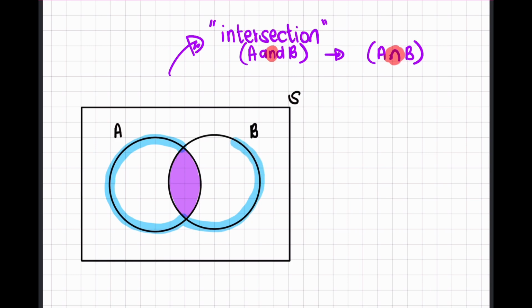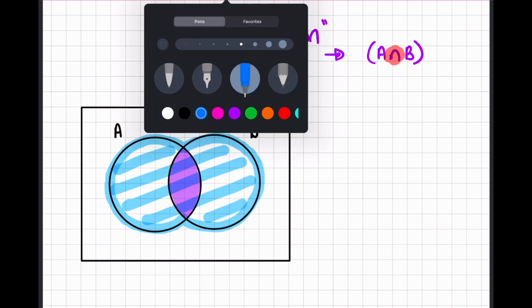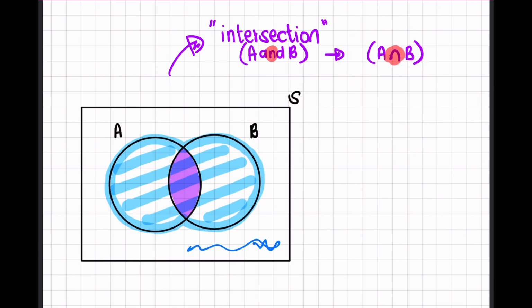We have the union of the two events. And the union of the two events means everything that is happening within the events. So that's excluding what's happening in the sample space. So it's excluding anything that would be there.